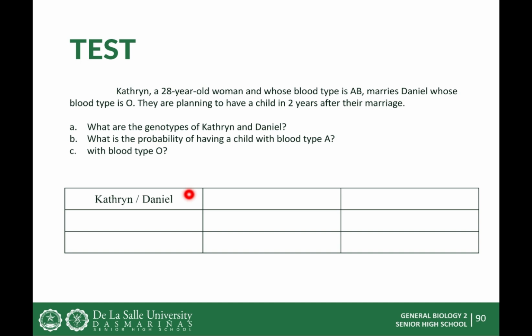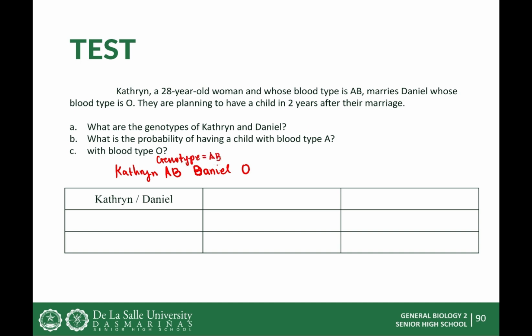So, let's answer this. Catherine has a blood type AB and Daniel has a blood type O. So, what will be the genotype of Catherine? The genotype of Catherine is also AB.